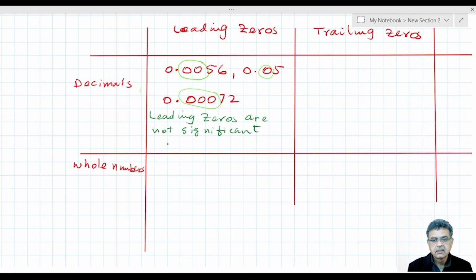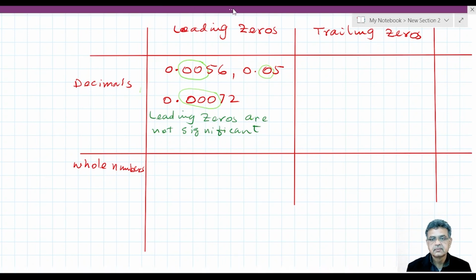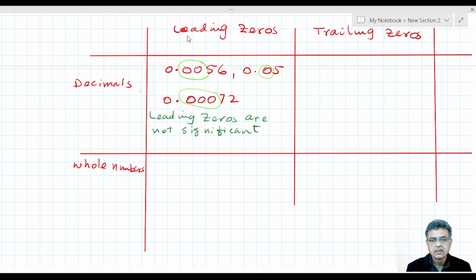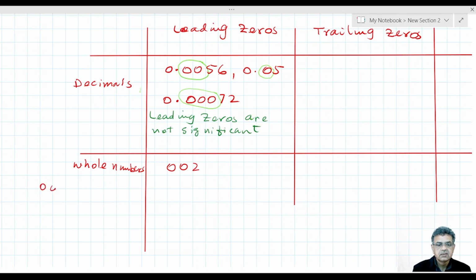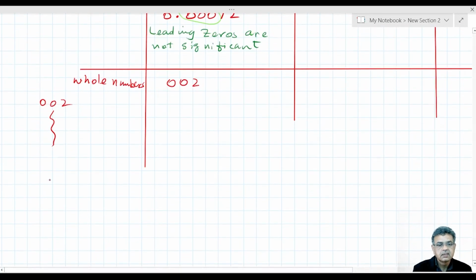Sometimes we write the numbers this way, 0, 0, 2. If we make a list like 0, 0, 2, 3, 4 this way, and then 0, 0, 8, 0, 0, 9, and then 0, 1, 0, 0, 1, 1, 0, 1, 2.